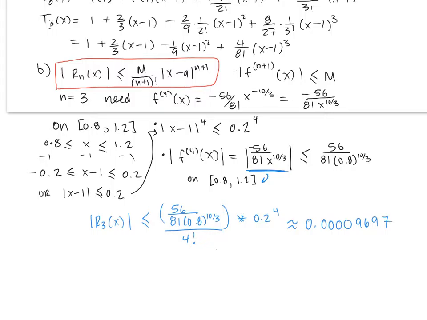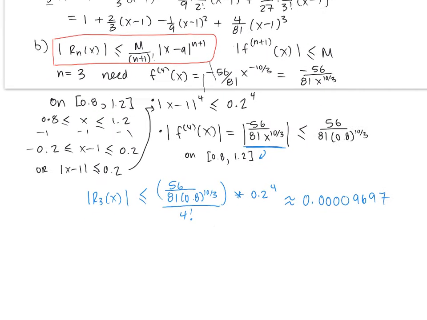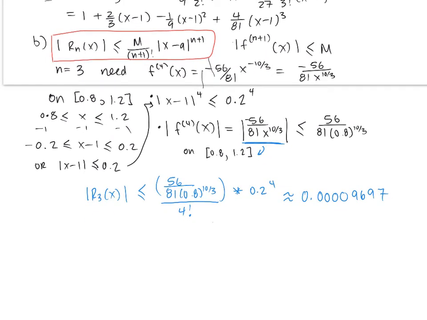Oh, that's ridiculously small. Yeah, and also, the remainder is less than this, which means this is an overestimate of how much it is. It could be even better. That's a worst case scenario kind of thing. Would you plug in 1.2 to find the best case scenario? That's a good question. I only know that the inequality works this way, and I'm not sure that gives you a lower bound, but it might.